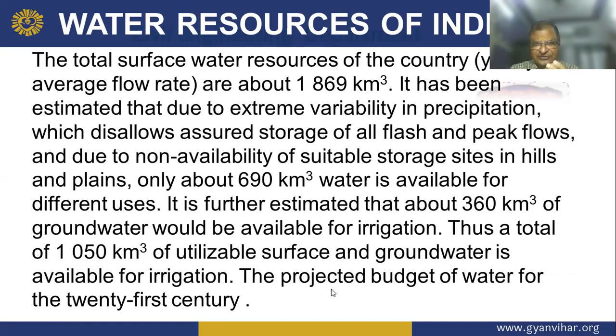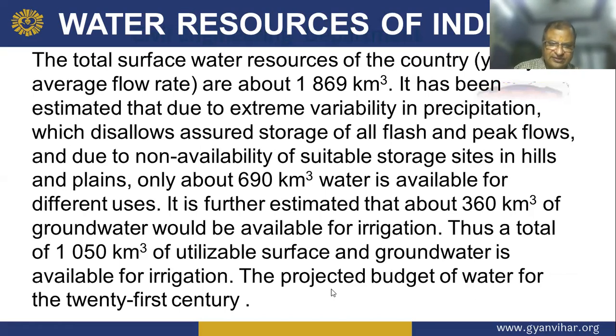The total surface water resources of the country, the yearly average flow, are about 1,869 cubic kilometers.